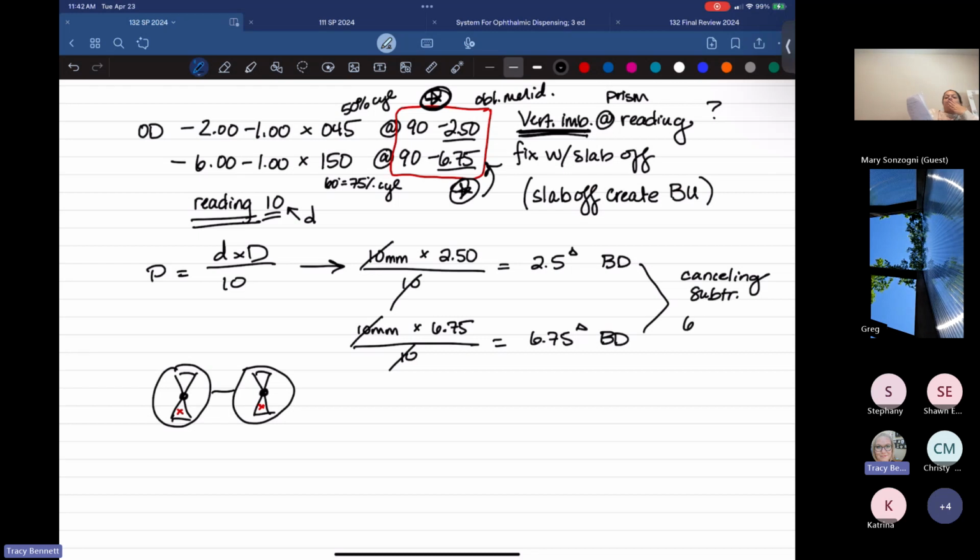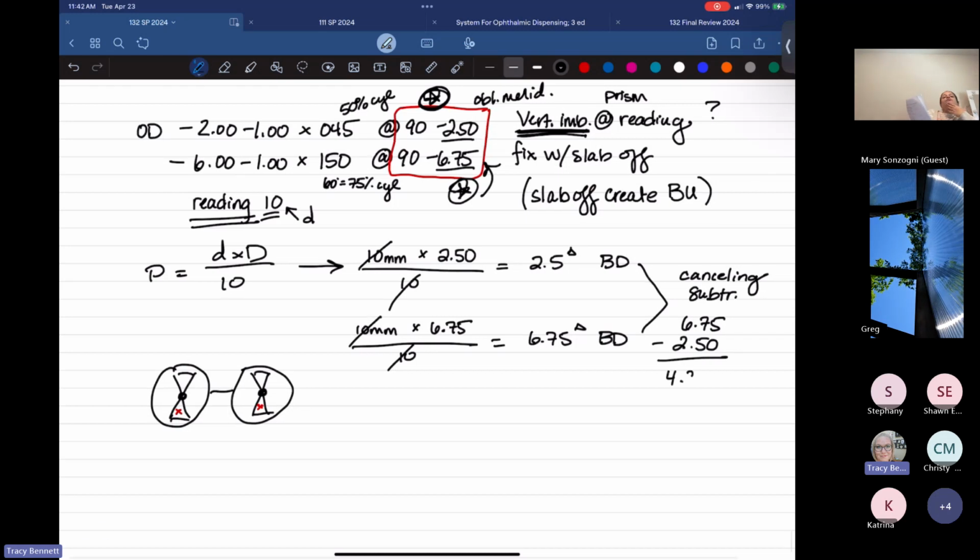We take 6.75 and subtract the lesser amount, so 6.75 minus 2.50, and we come up with 4.25 diopters of imbalance. This one was base down and this one was base down, so this excess amount, or the vertical imbalance, if you will, is base down.